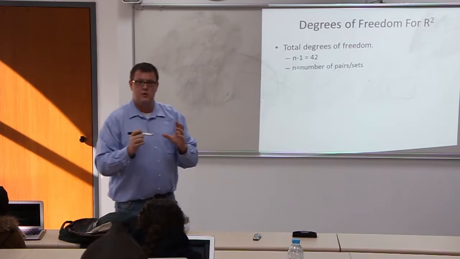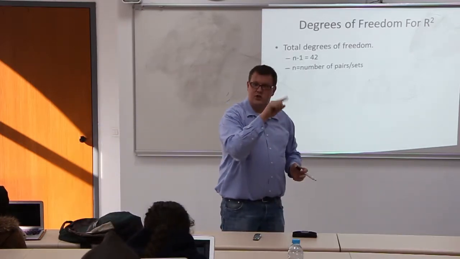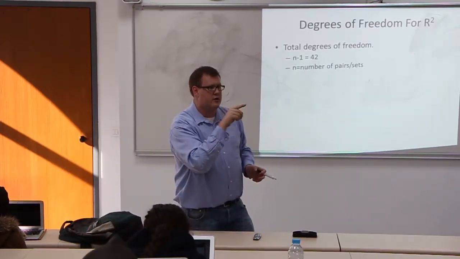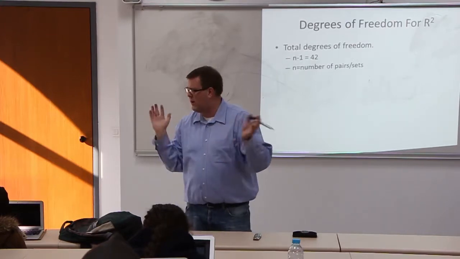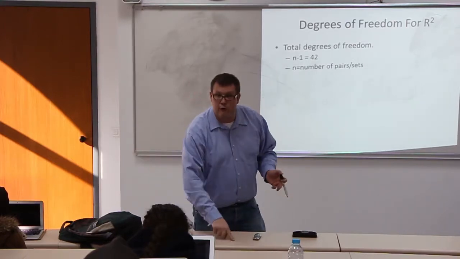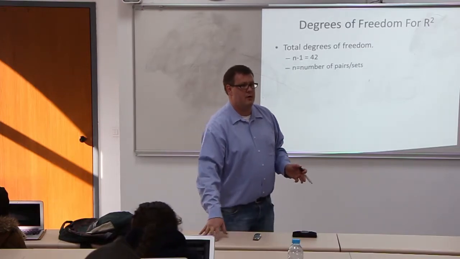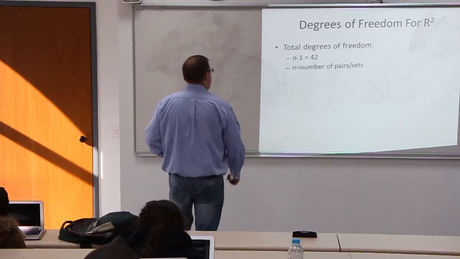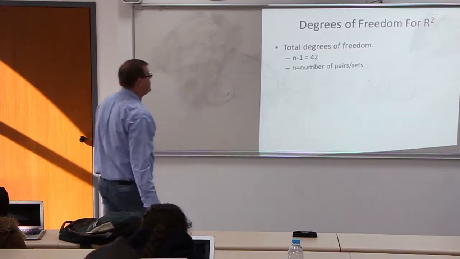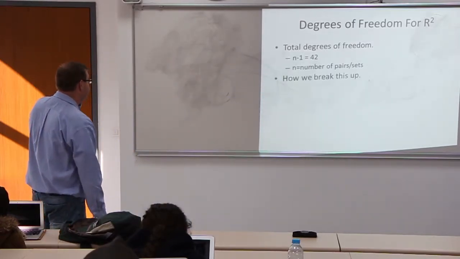If you think back to that data frame that we were dealing with, it said we had 43 observations of 3 variables. That 43 is what we're talking about. So we have n minus 1, 43 minus 1, that's 42. So those are our total degrees of freedom.